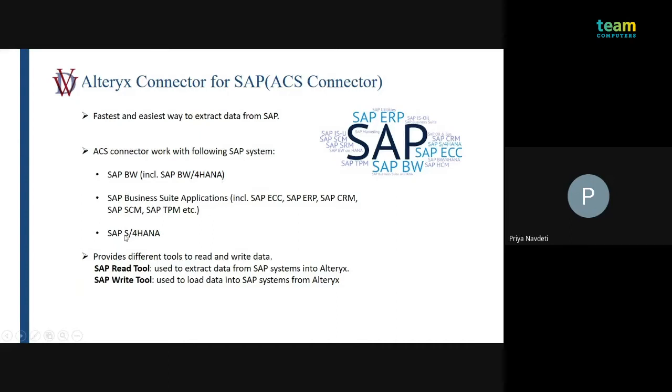So it will extract data from all the SAP core systems. It differentiates between two tools, the SAP read tool and the SAP write tool. The read tool will help you extract the data from the SAP system to Alteryx, and the write tool will help you load the data from Alteryx to the SAP system.